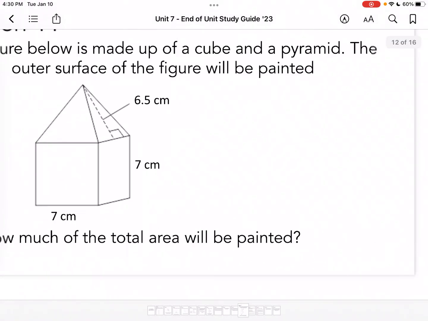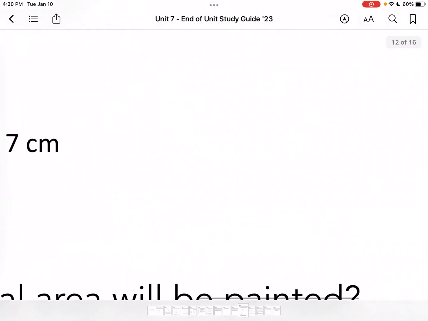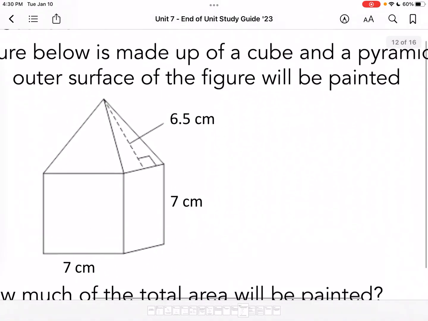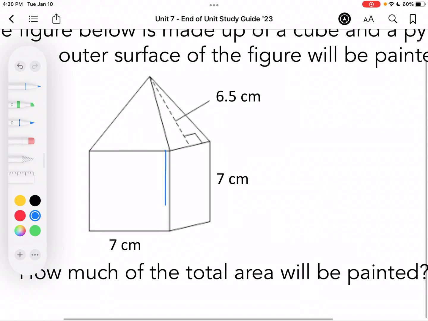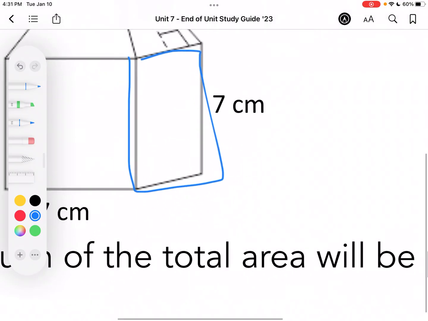So I'm going to start with the cube, and I know I have 5 of these faces. So I know I have 5 7 by 7 faces. So that's 7 times 7 times 5 because I've got 5 squares. So that's going to give me the cube part.